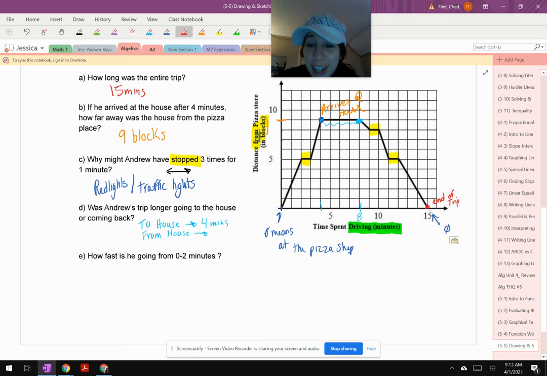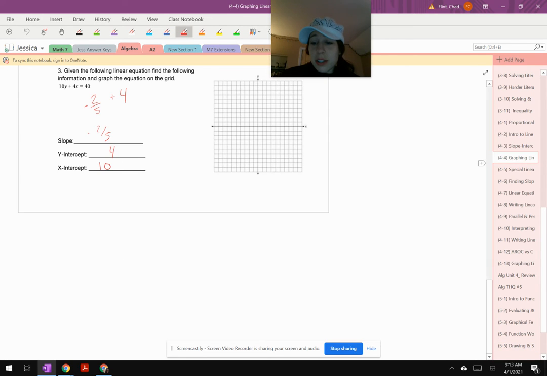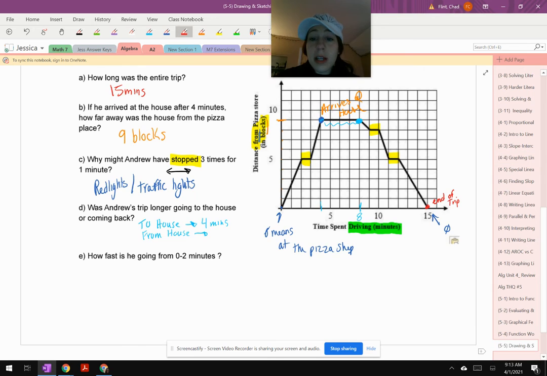I almost did that wrong. So from 8 to when he got back, that's 8 to 15. 15 minus 8 is equal to 8, 9, 10. That's 7 minutes. So was his trip longer going to the house or coming back?